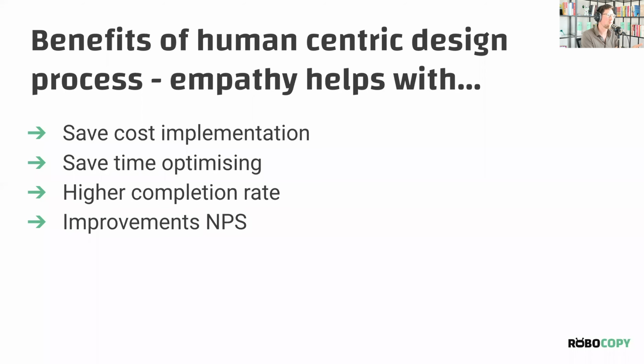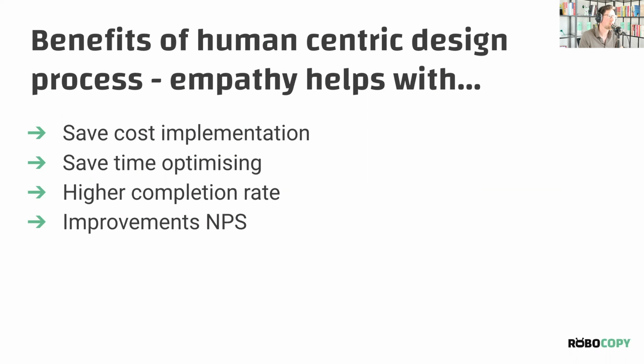Generally, what we see with this methodology is that it's going to save costs implementing it, right? Because you're design conscious. You're very clear of what you want to do and what you don't want to do. So you don't just start building and building and building and get into a situation where you're over invested in AI without getting any value.